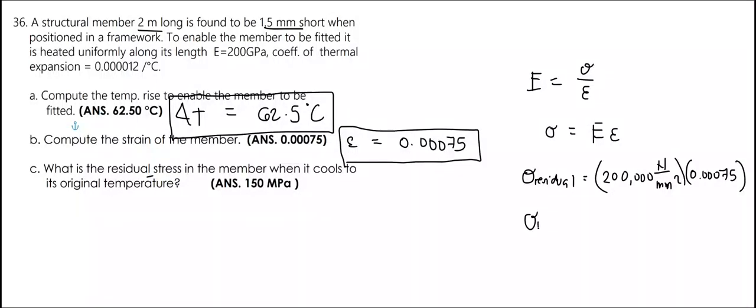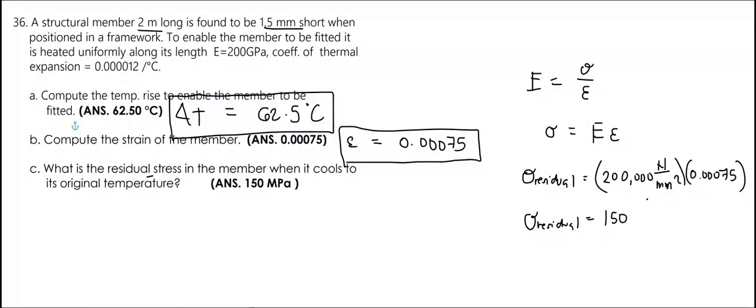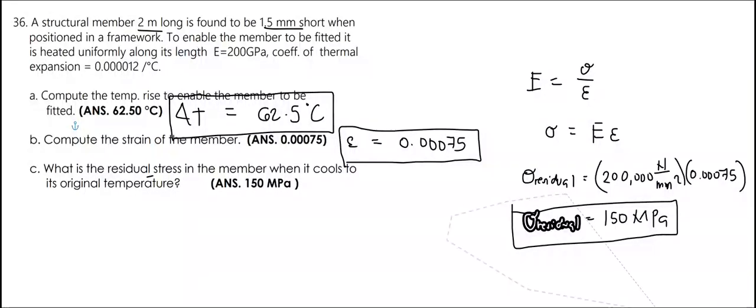We get our residual stress, that is equal to 200,000 times the strain. We get 150 Newton per millimeter squared or megapascals. And that is our answer to the third problem.